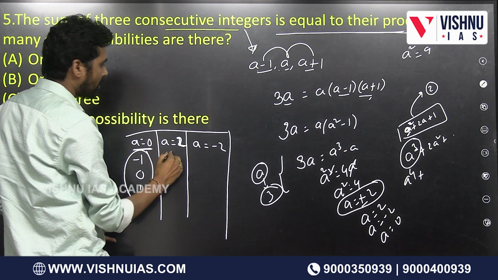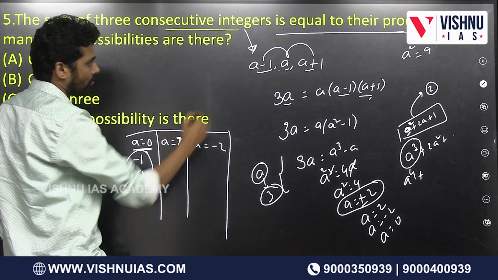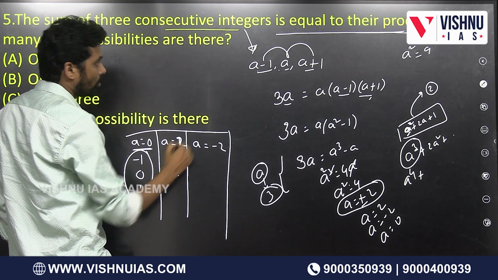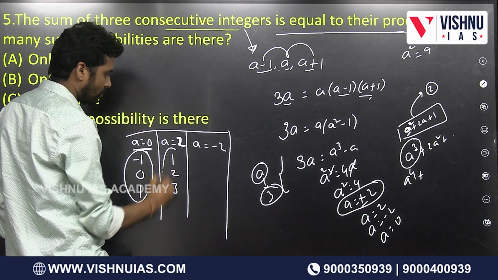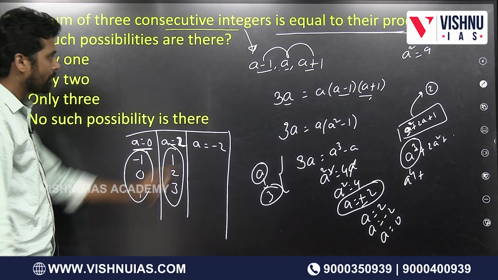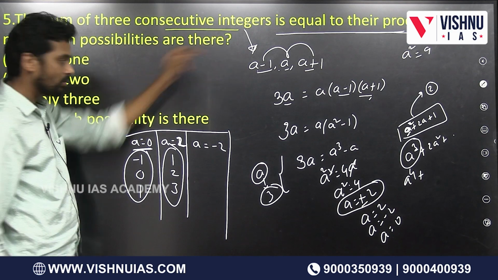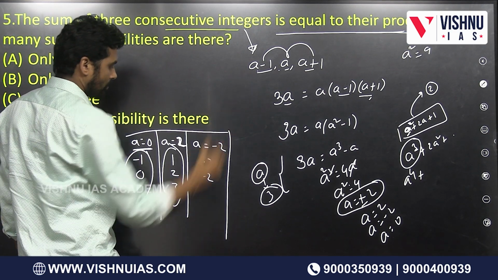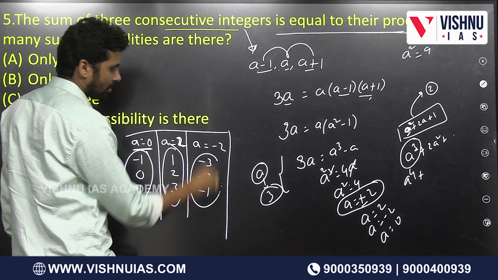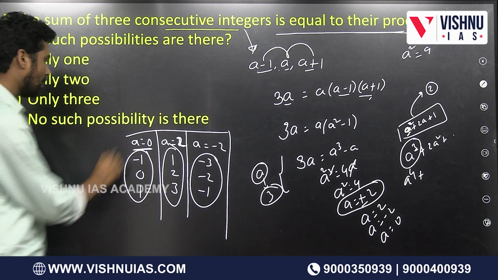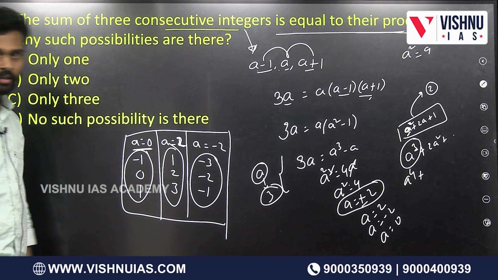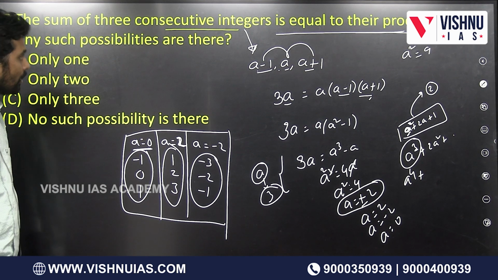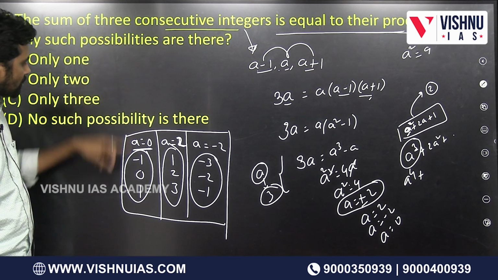If a is equal to 2, 2 minus 1 is 1, 2 plus 1 is 3. So 1, 2, 3 is one possibility. If a is equal to minus 2, so minus 3, minus 2, minus 1. This is another possibility. So how many possibilities are there? 3 possibilities.